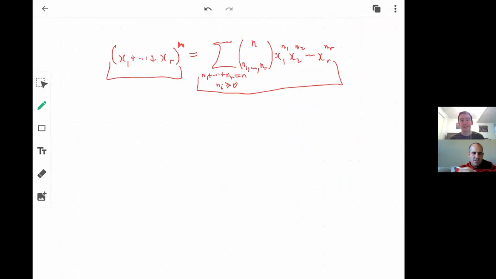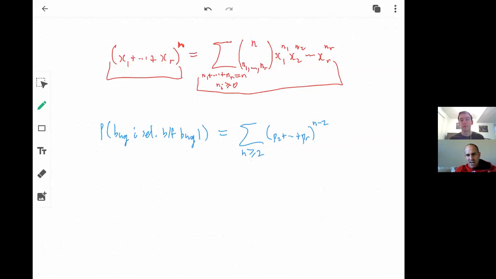Okay, so watch. You're saying that innermost several-fold sum is just p2 plus dot dot dot plus pr raised to the n minus 2, correct? But then what did we have to factor out? p sub 1. But isn't this just 1 minus p1?